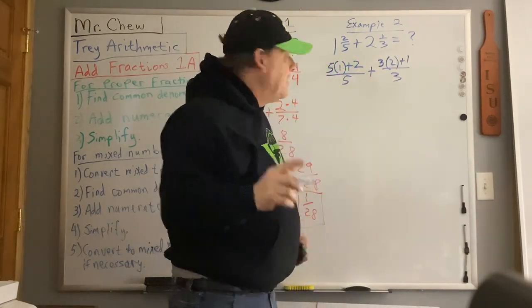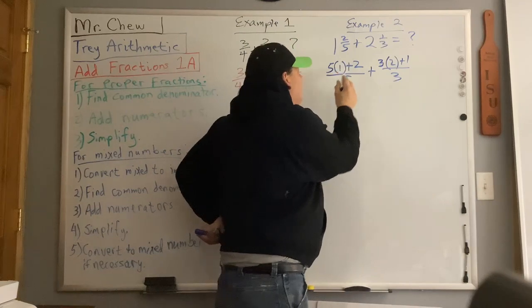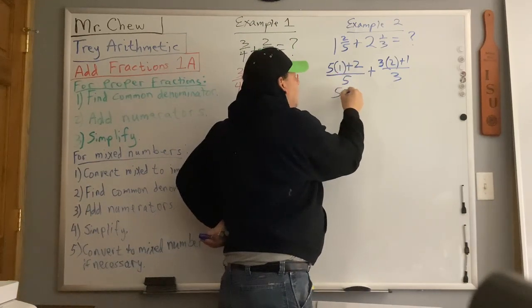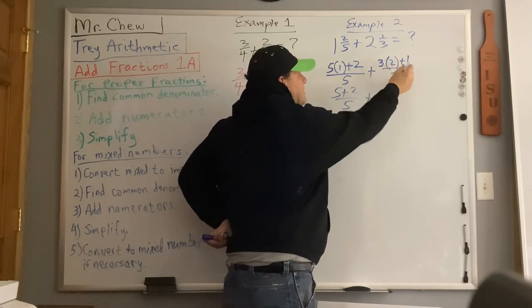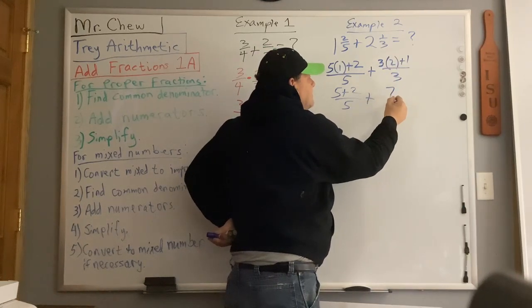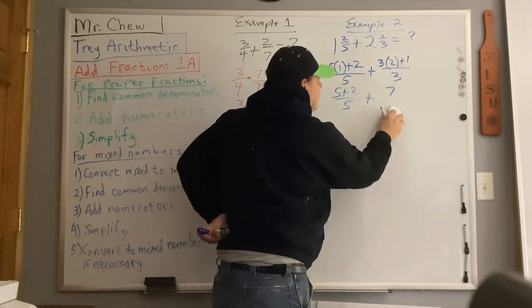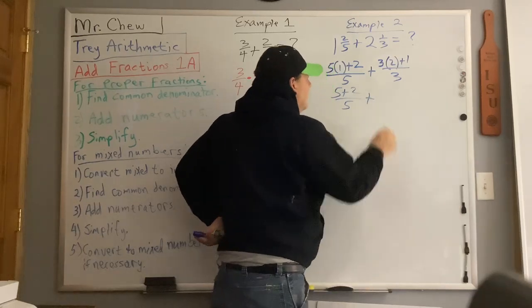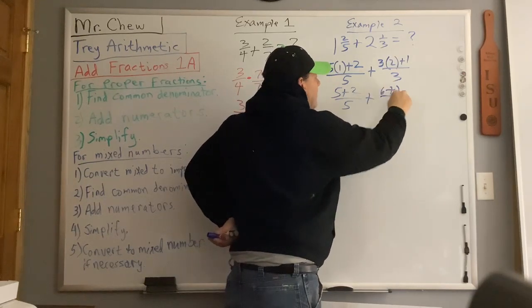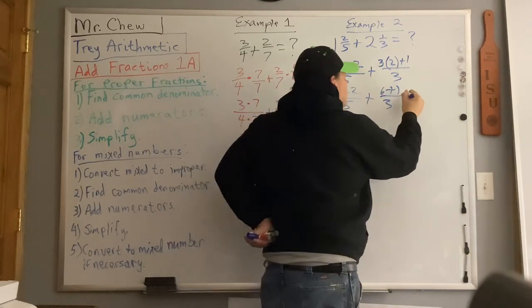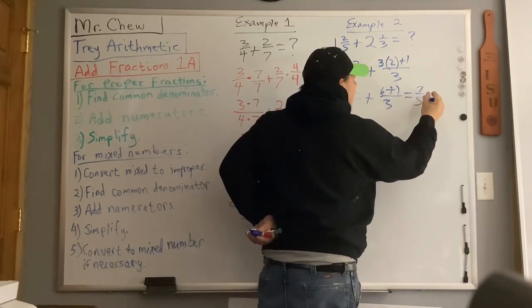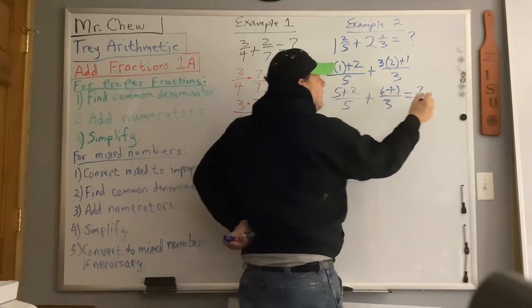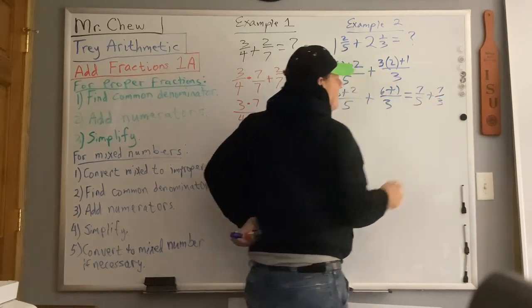All right, so now I'm going to take 5 times 1 is 5 plus 2 over 5. 3 times 2 is 6 plus 1 is 7. I'll just write each step down. Sorry about that. So that's 6 plus 1 over 3. So that equals 5 plus 2 is 7 over 5 plus 7 over 3.